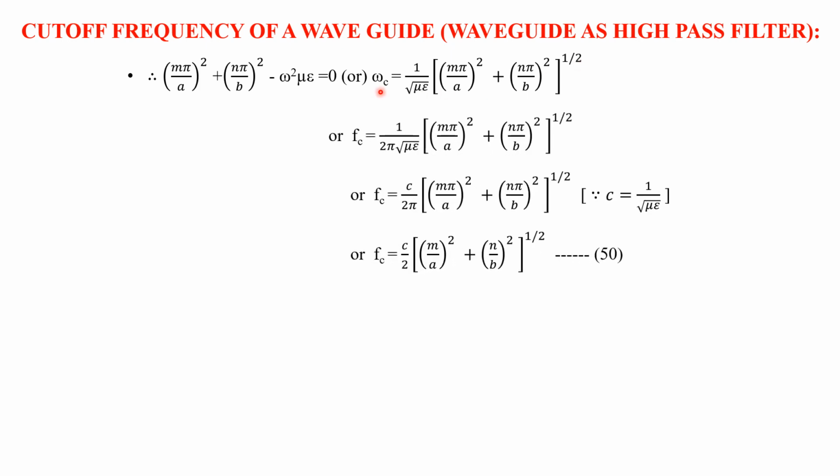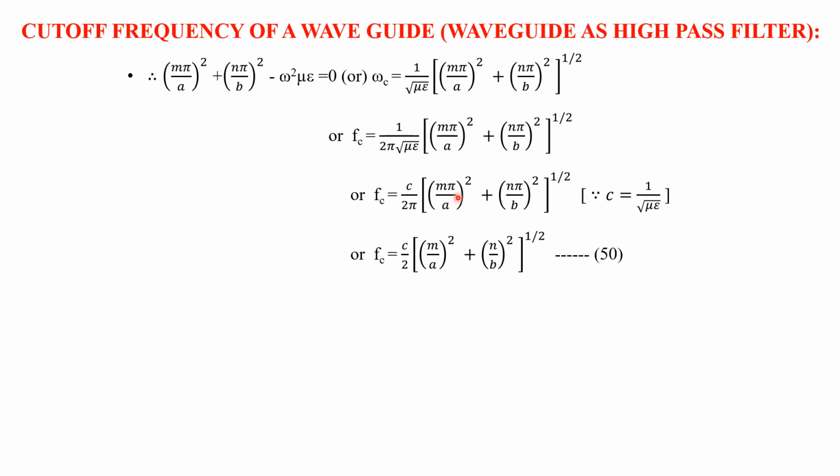We can represent the cutoff frequency in terms of hertz: fc is equal to 1 by 2 pi root of mu epsilon into (m pi by a) whole square plus (n pi by b) whole square, whole to the power of 1 by 2. We already know that 1 by root of mu epsilon is c, so I substituted the c value: c by 2 pi into (m pi by a) whole square plus (n pi by b) whole square, whole to the power of 1 by 2.